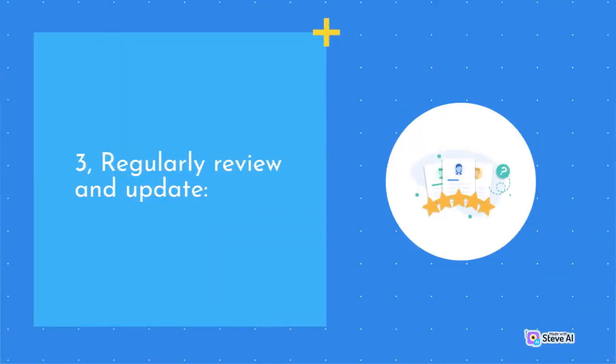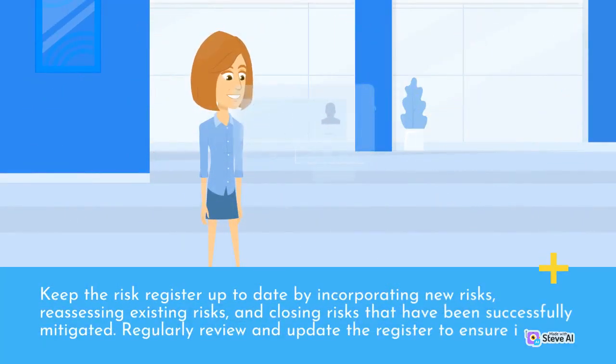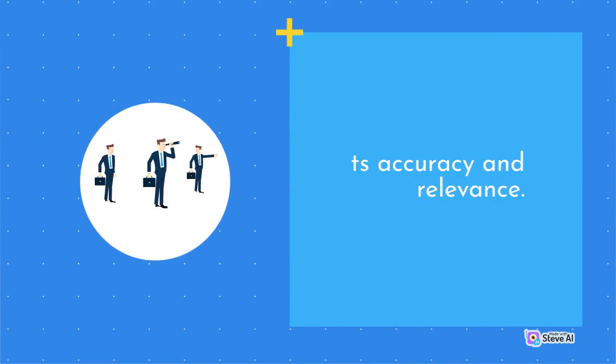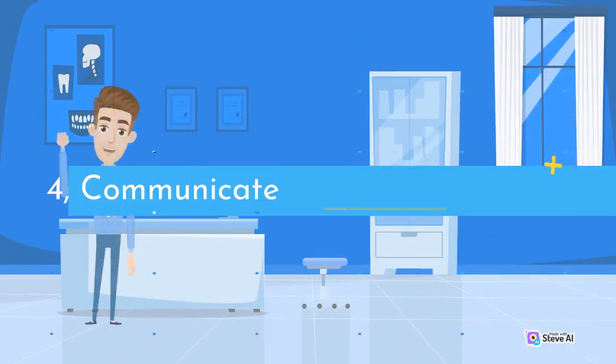3. Regularly review and update. Keep the risk register up to date by incorporating new risks, reassessing existing risks, and closing risks that have been successfully mitigated. Regularly review and update the register to ensure its accuracy and relevance. 4.